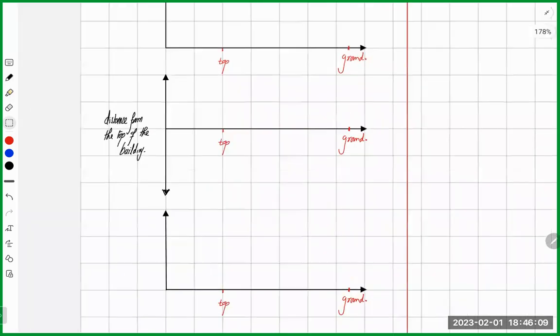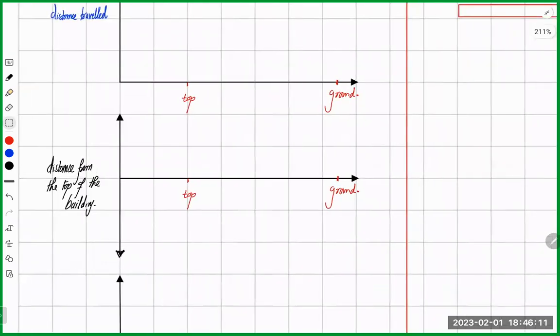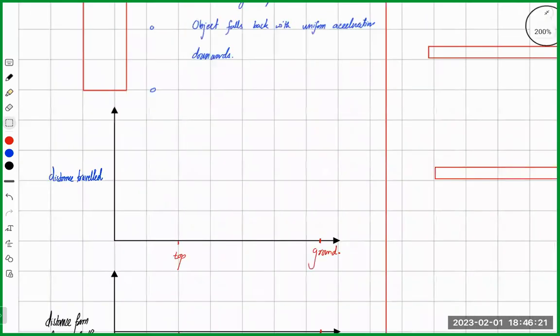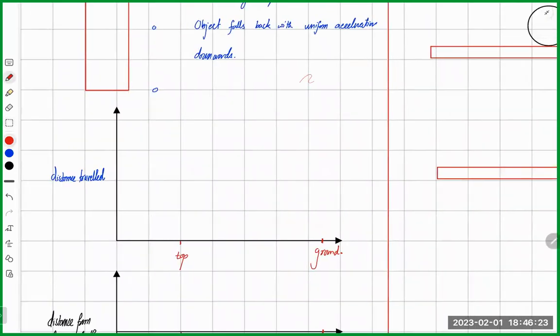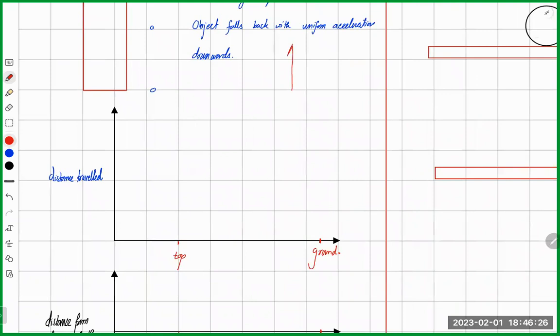Okay, if you're done with distance against time, now it is time to draw the graph of displacement. Displacement from the top of the building. And remember, we are considering upward direction as positive, because now we are dealing with a vector quantity, so we have to decide about direction.